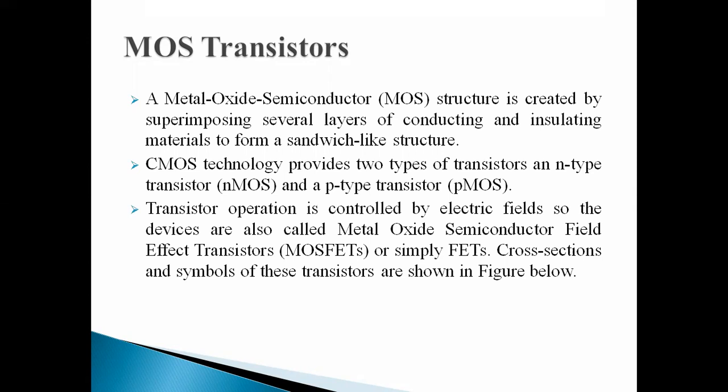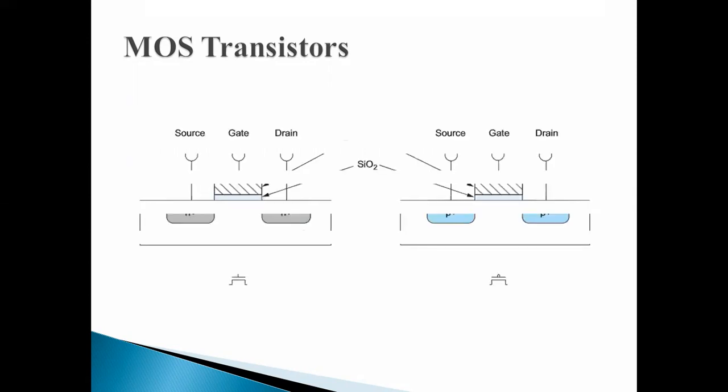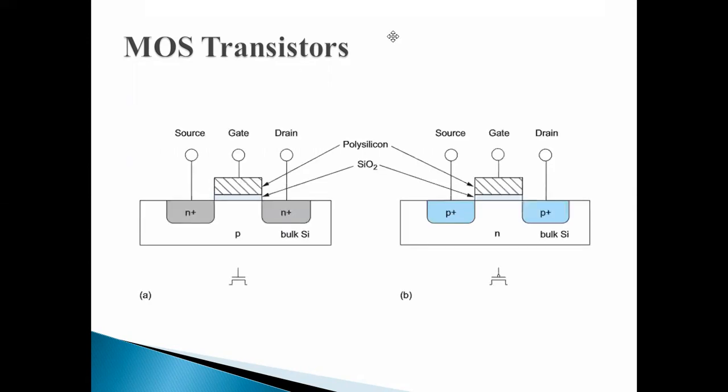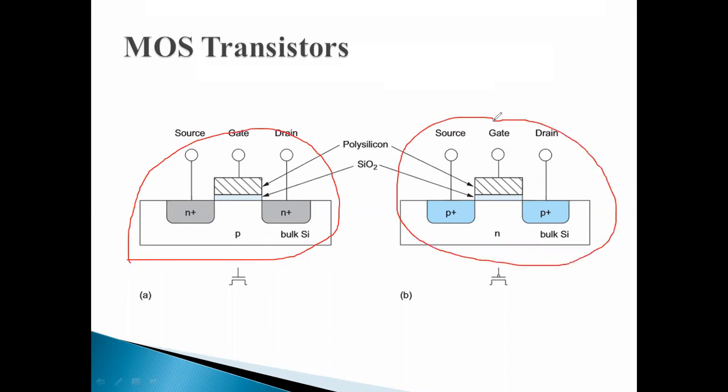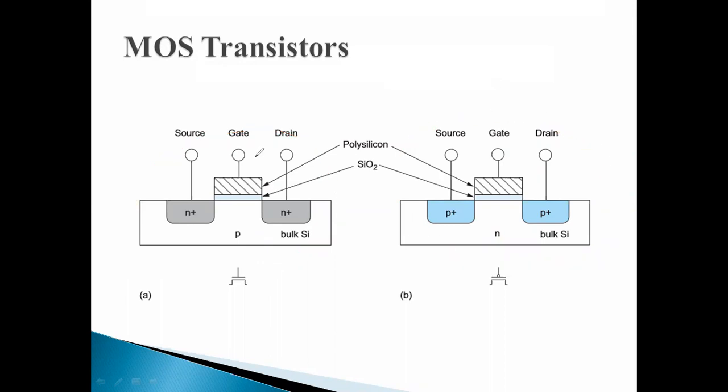Let us see a cross-sectional view as well as symbolic representation of these transistors. In the diagram shown here, we can see an NMOS transistor, which is highlighted here, and a PMOS transistor, which is present at the right side of your screen. This is the NMOS transistor, and this is a PMOS transistor.